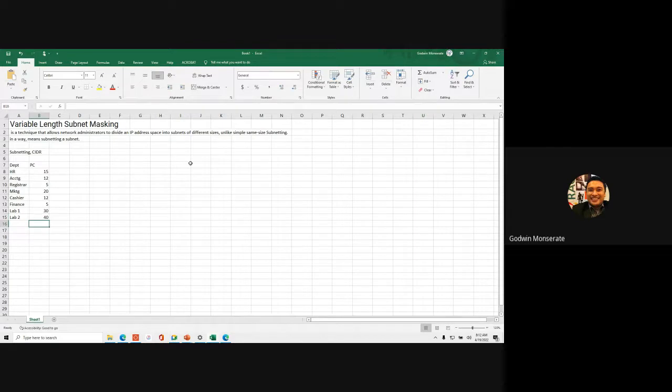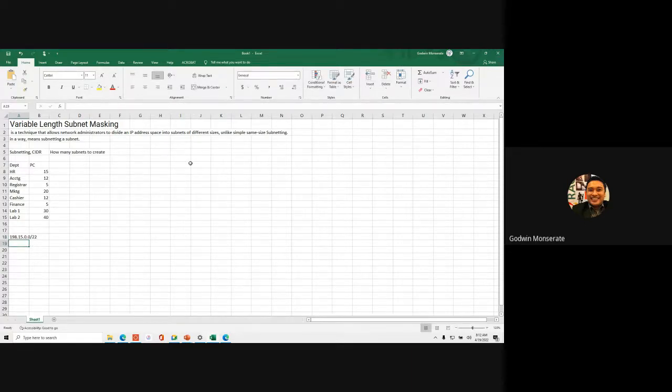Basically, if these are your departments, usually when we compute for subnetting or CIDR, we target how many subnets to create. For example, we have the address 198.15.0.0/22.